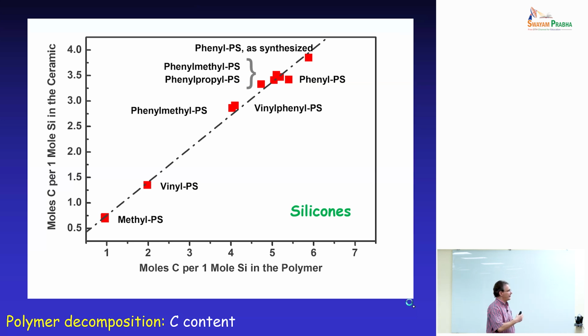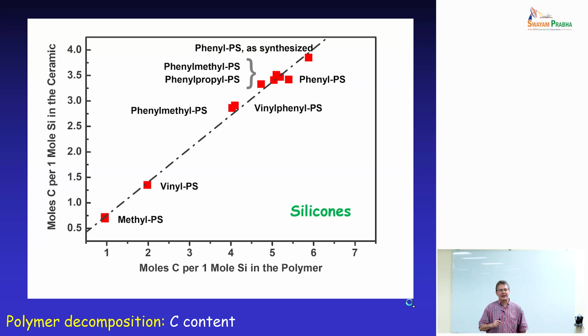And this is quite useful because carbon is an active component in your final ceramic from the point of view, for instance, of optical properties such as luminescence or conductive properties or electromagnetic wave absorption properties. So it's very good to be able to tailor the carbon content in your material. And this is specifically for silicones.